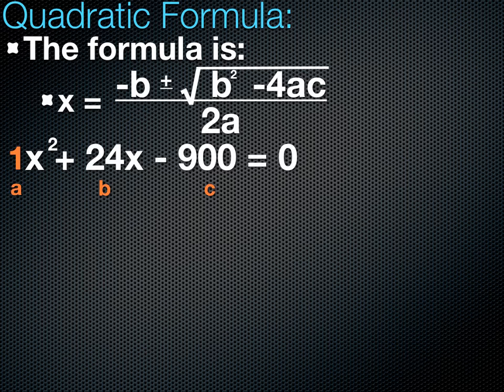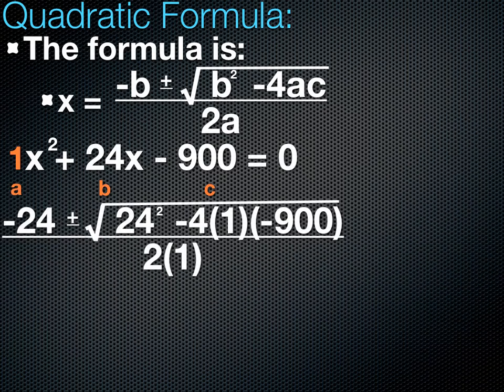Notice because I am subtracting 900, every time I see a c, I will plug in negative 900. So plugging it into the formula, it's going to be negative 24 plus or minus the square root of 24 squared minus 4 times 1 times negative 900 all over 2 times 1.